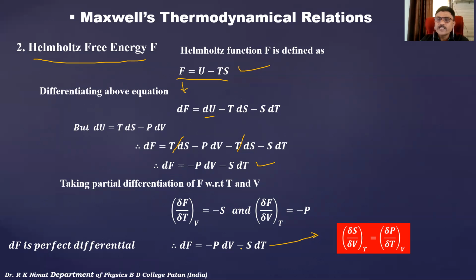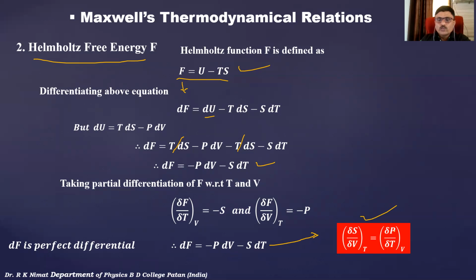Both terms are negative, hence the final equation will be positive, as delta P by delta T at constant V is equal to delta S by delta V at constant T. So this is again a Maxwell's equation. This is actually Maxwell's third thermodynamic equation.